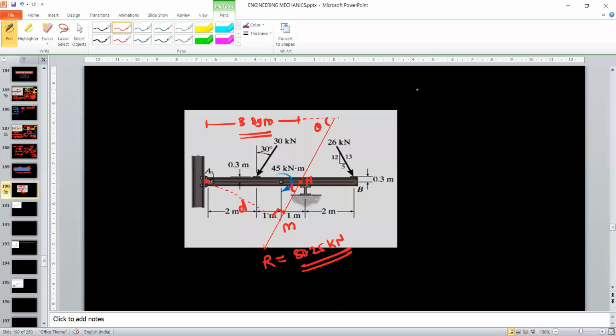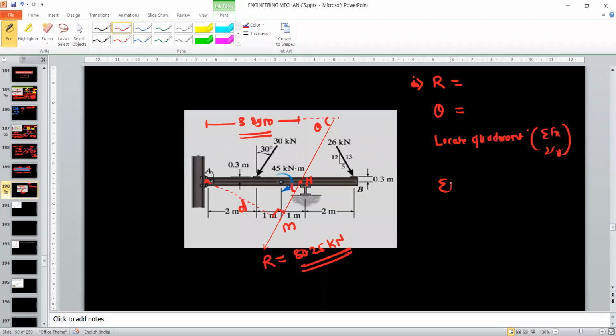So these are the steps. I will just write. First is get the resultant. Okay. Then get the angle theta. Next is locate the quadrant depending on summation Fx and summation Fy.